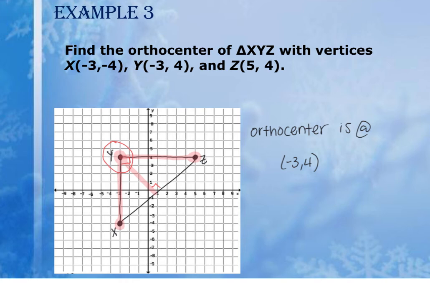Is that on our triangle? Yes, because Y is part of our triangle. Very good, okay? So remember, for right triangles, it's going to be on the triangle; acute, it's going to be inside; and obtuse, it's going to be where? Outside.